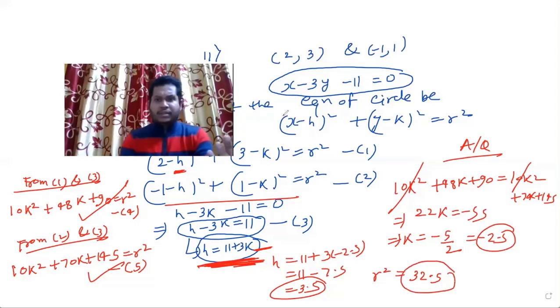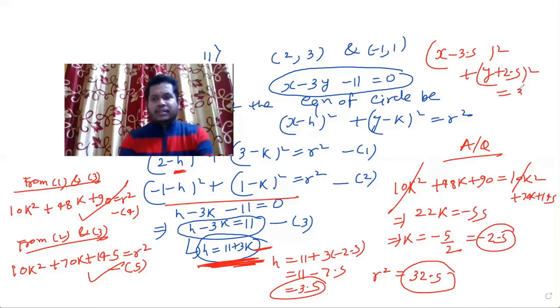So I'll just simply substitute in the general form. Our equation of circle will become x minus 3.5 whole square plus y minus of minus 2.5, that will become plus 2.5 whole square, and that is going to be equal to r square, which is 32.5.